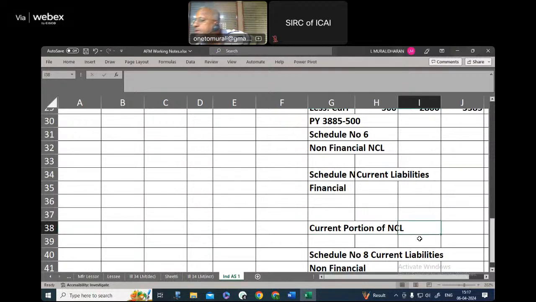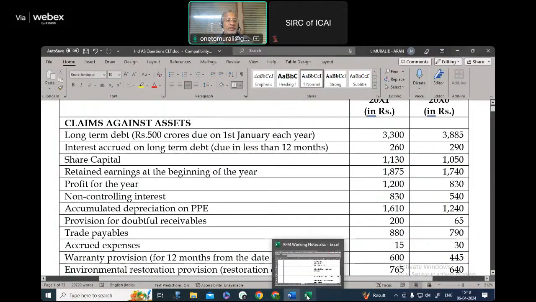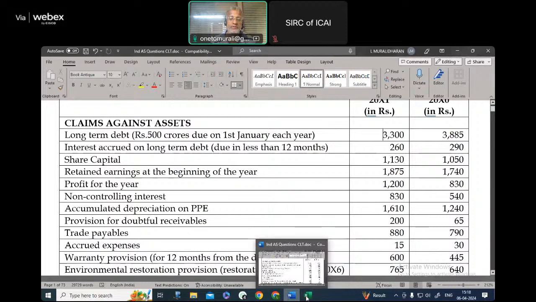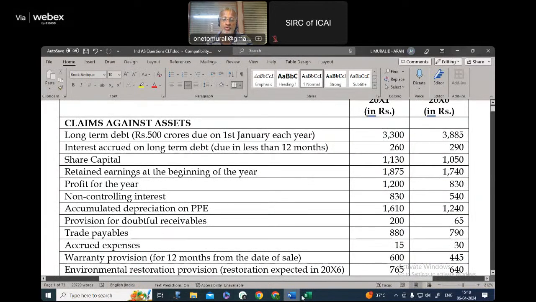How much is that? 500 each. So one item we have taken up in 2 different places. That's all. Interest accrued on long-term debt, 260 and 290. Interest accrued, yeah, here. 260, 290.